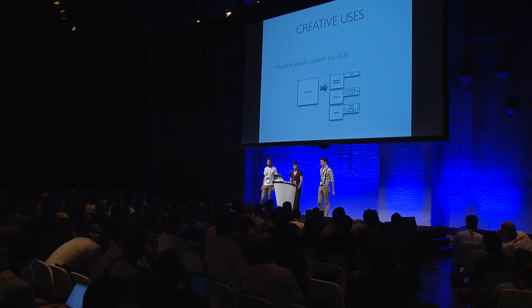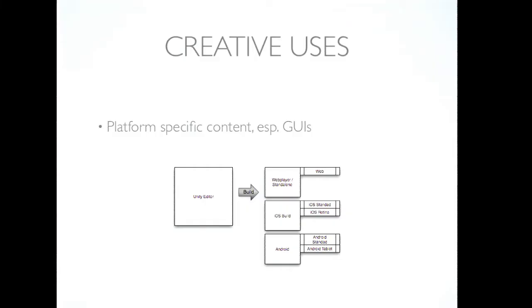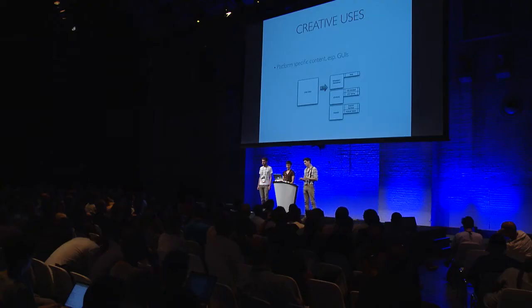So I'm going to talk about a few ways that you can use asset bundles a little bit differently to solve problems that you have building different types of projects. The first and maybe most obvious thing to do is to take your different build targets. That's all the platforms you're targeting. That might be iOS and iPad as 2 different targets, even though they build the same Unity build target, and make a different asset bundle for the same content for each one of those platforms.